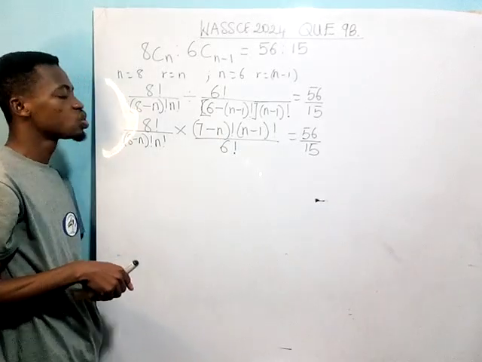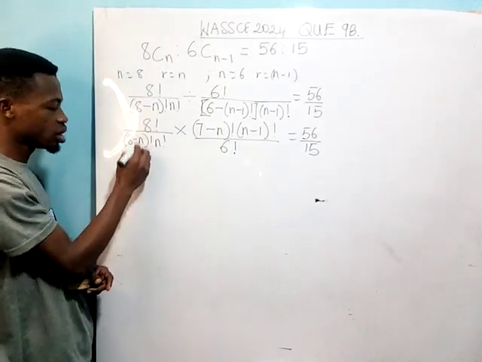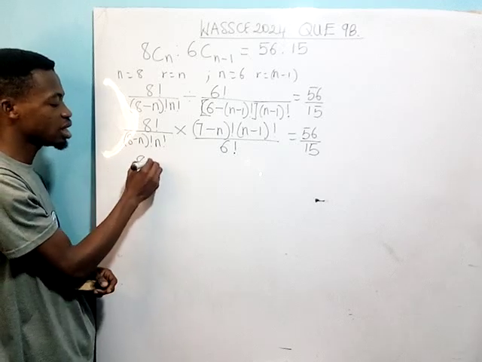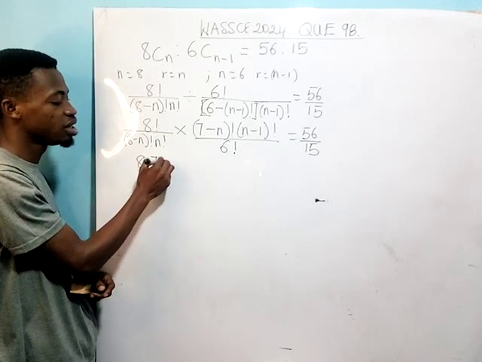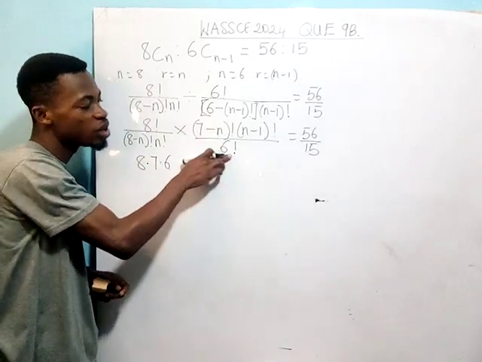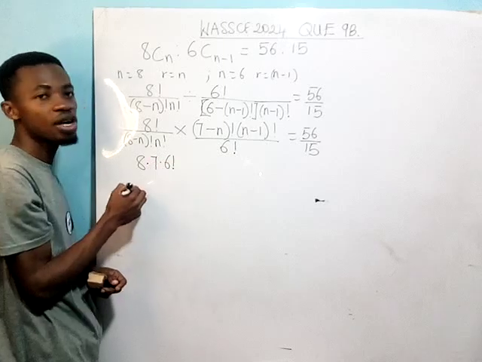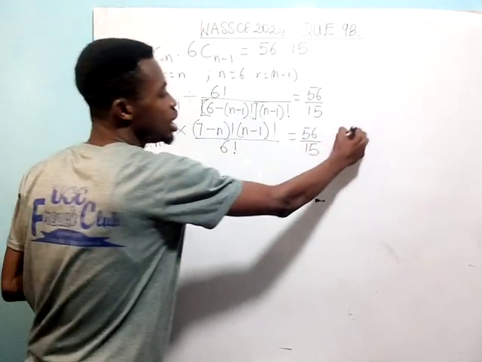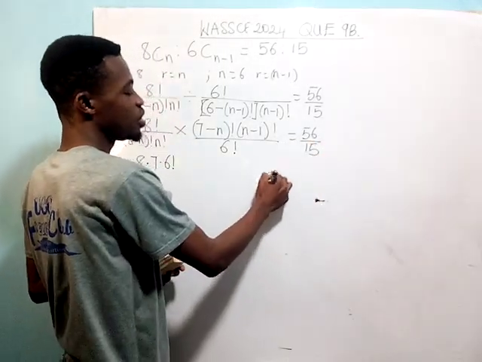So remember, 8 factorial can be expressed as 8 times 7 times 6 factorial. We can continue, but because of what we have here, we will end at 6 factorial. Let's say we have 9 factorial.